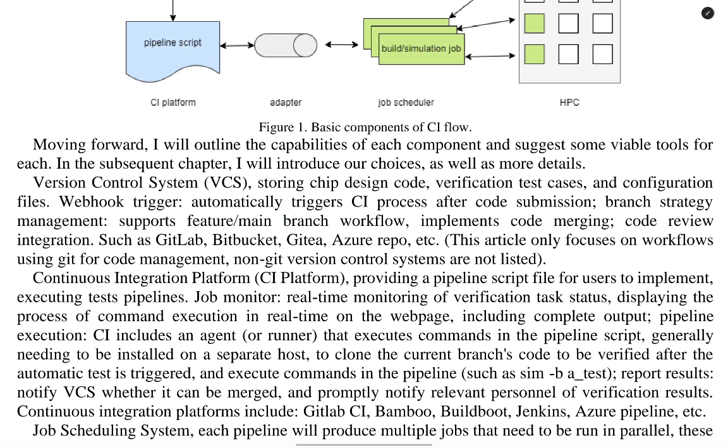Branch strategy management supports the feature main branch workflow, and implements code merging and code review integration, such as GitLab, Bitbucket, Git, and Azure repo, etc. This article only focuses on workflows using Git for code management. Non-Git version control systems are not listed.